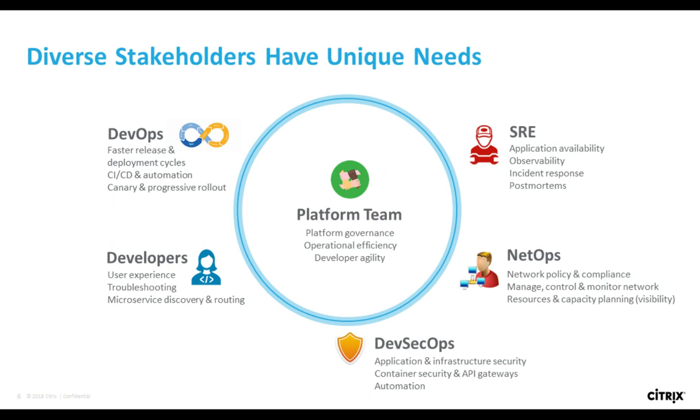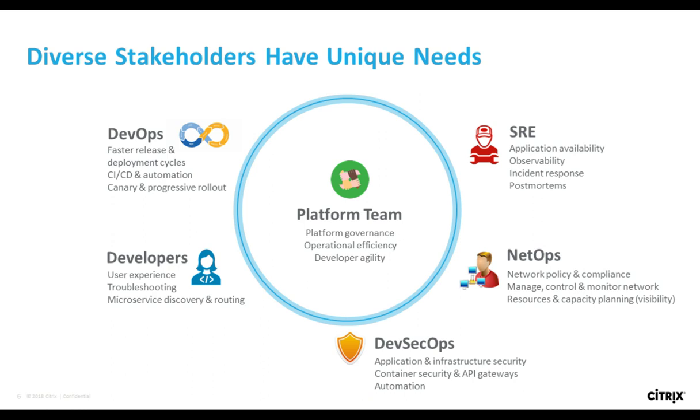Site reliability engineer has North Star for application availability. They need a tremendous observability to know how each application or each service or each pod is really performing. If something happens, how fast and how quickly they can respond to the incident, and doing postmortems to make sure those incidents don't happen in future.